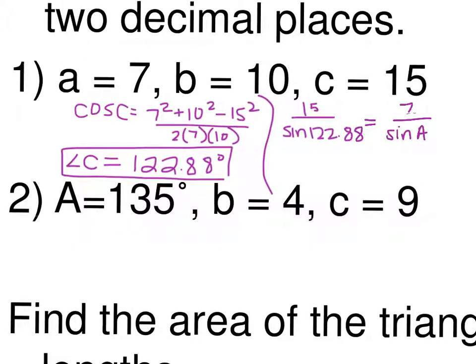So 7 times the sine of 122.88 divided by 15. I get 0.39. Inverse sine of that answer, and I get angle A is 23.07.